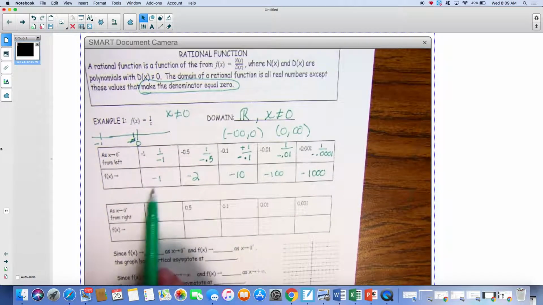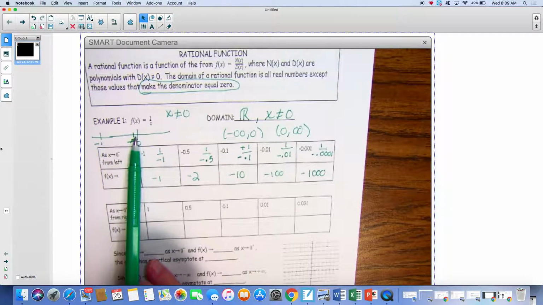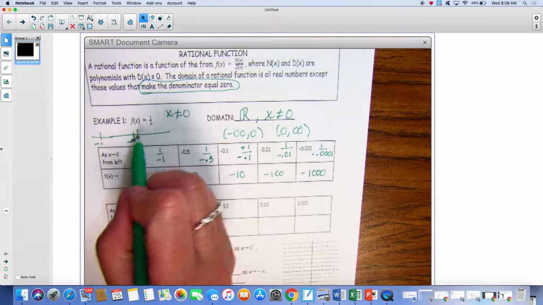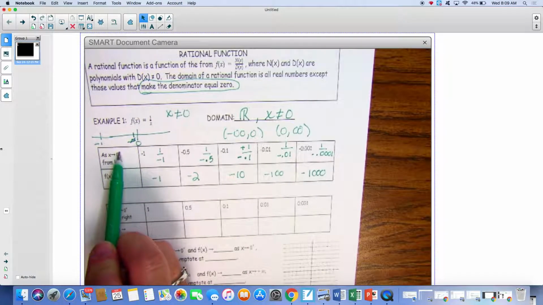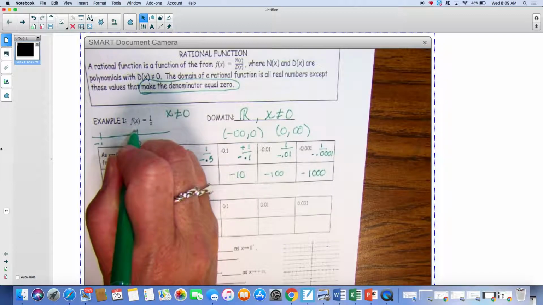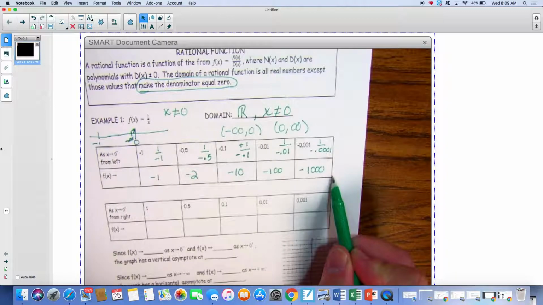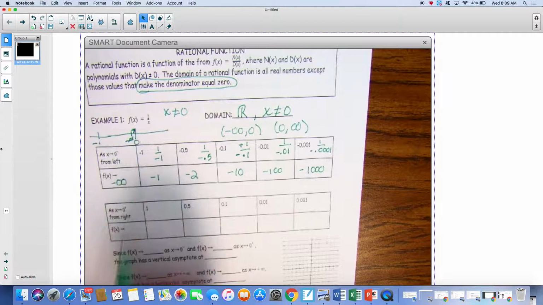So as x approaches 0 from the negative side, as I get closer and closer to 0, what's happening to my y values here? They're getting smaller and smaller and smaller, so they're approaching negative infinity.